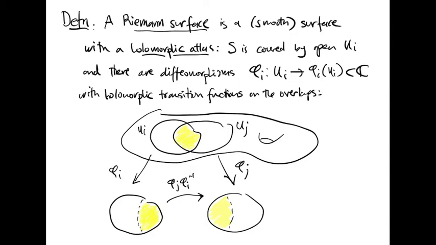In this lecture, we talk about holomorphic structures on surfaces. A Riemann surface is a smooth surface with a holomorphic atlas.